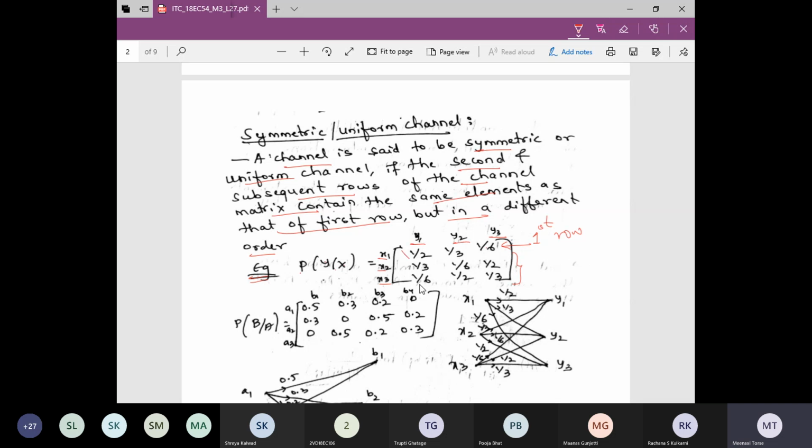So the first row elements are 1/2, 1/3, 1/6. You can observe the second row: we have 1/2, 1/3, 1/6, the same elements as that of the first row, but rearranged in a different form.